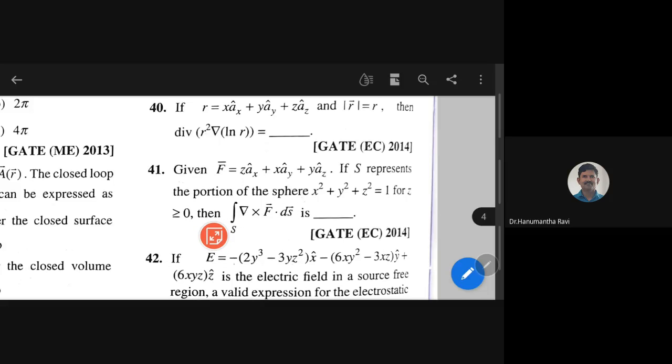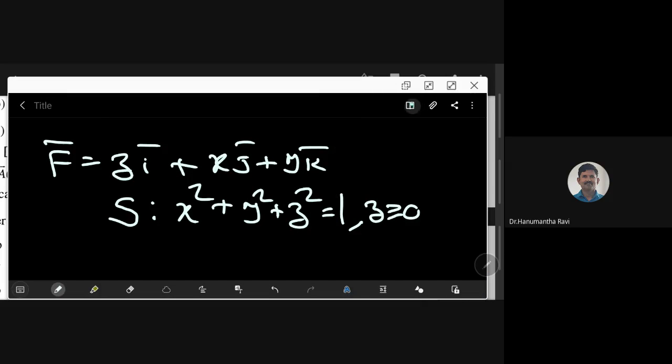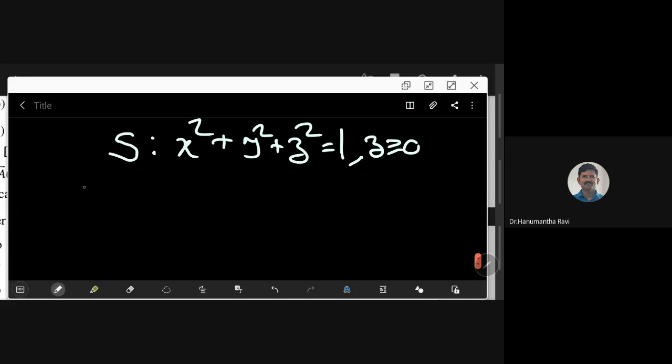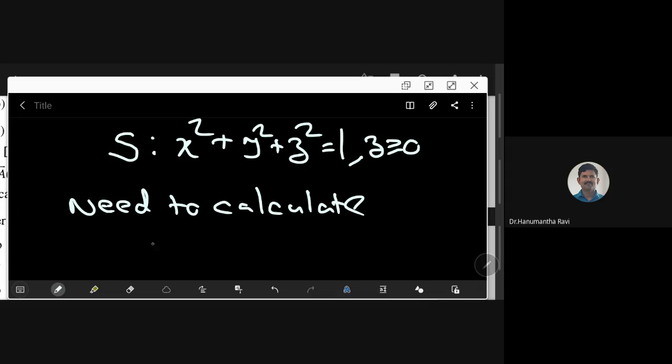Then what we need to calculate is the integral of curl f bar dot ds bar. The ds bar is very important.